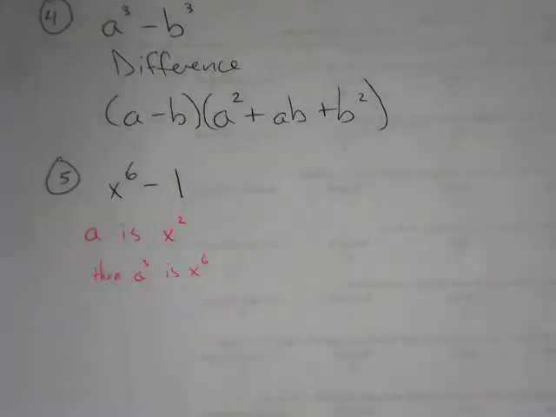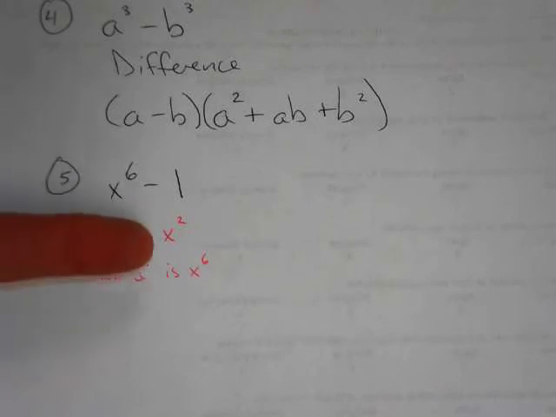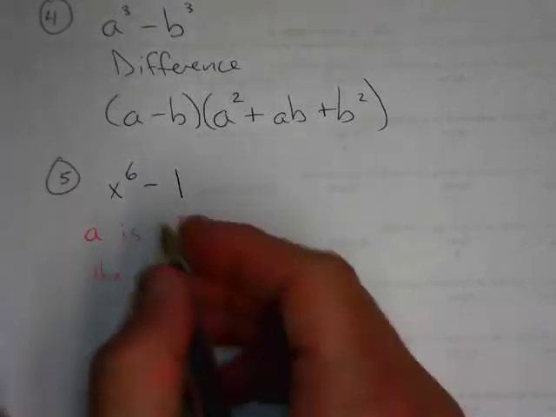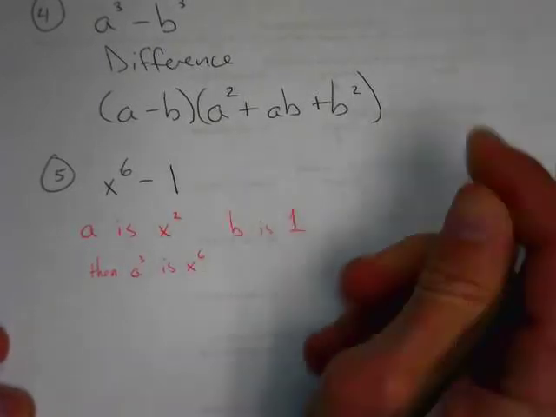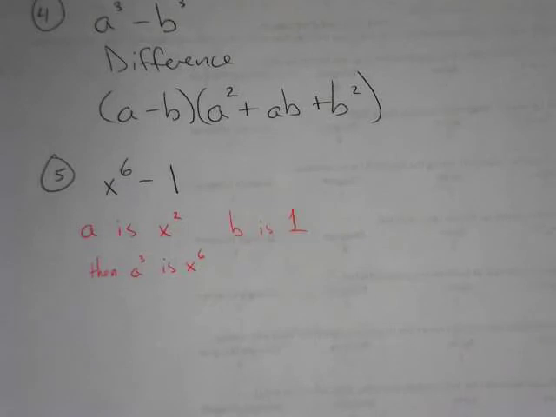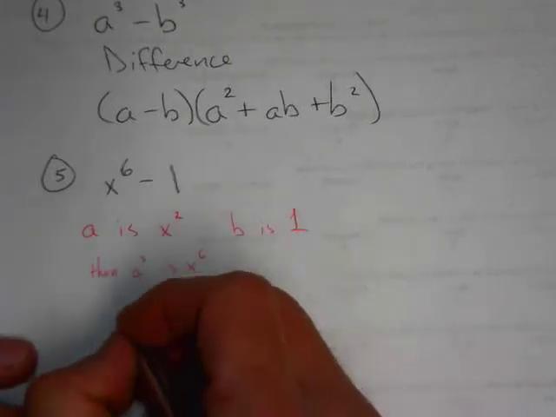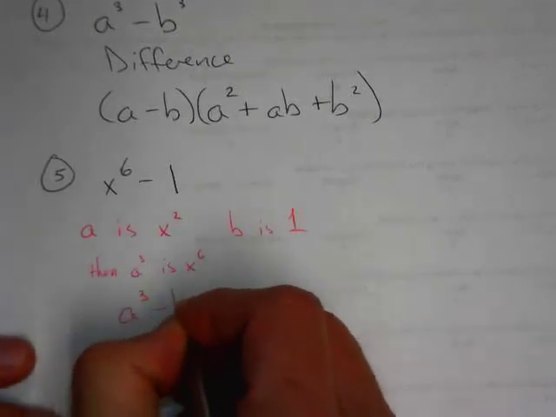All right, so that's what that means. Okay, so yes, we are looking at a difference of cubes, because if x squared to the 3rd power is x to the 6th, then it's a difference of cubes. All right, so we're saying a is x squared, b, of course, is 1. So we are now set for the difference of cubes formula.